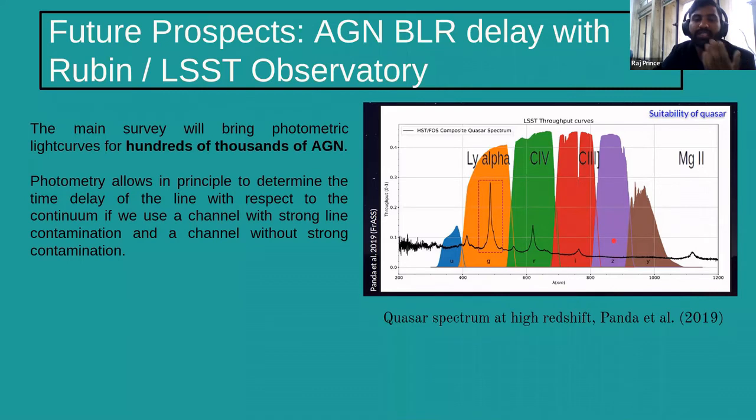This is the future project that we are involved in, and we hope to see a larger number of sources there, and we can extend our diagram to high redshift sources.